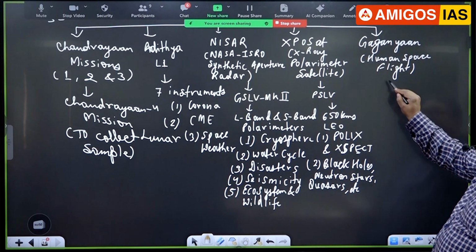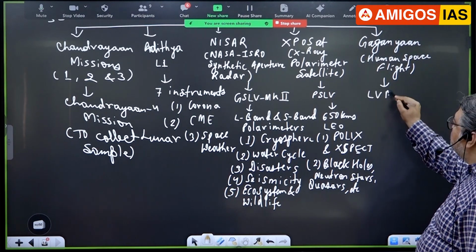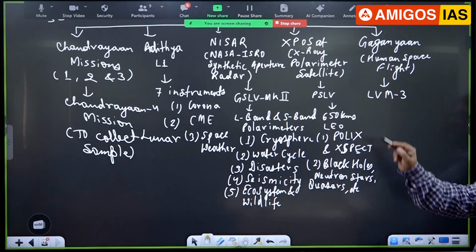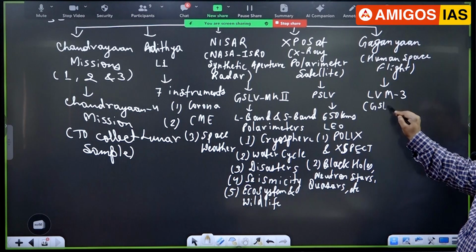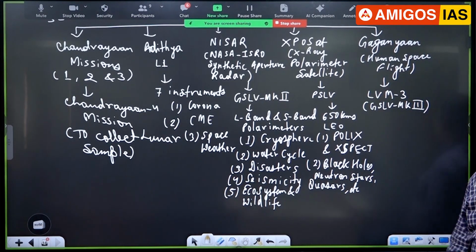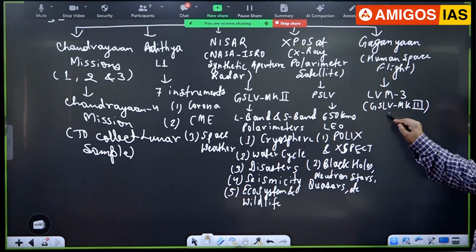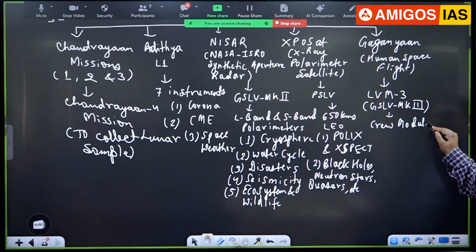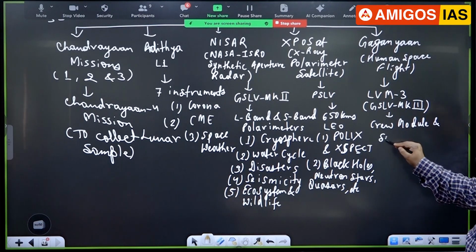And you already know that we are going to use the Launch Vehicle Mark 3, that is the GSLV Mk3. It will have two modules, crew module and service module. Astronauts will be placed in the crew module, and that will be supported through a service module.